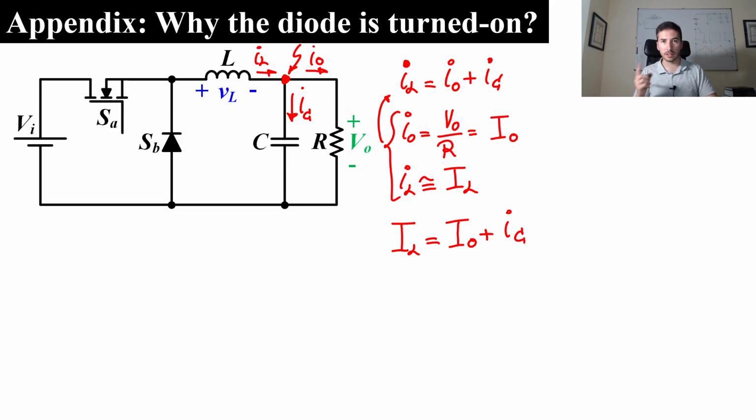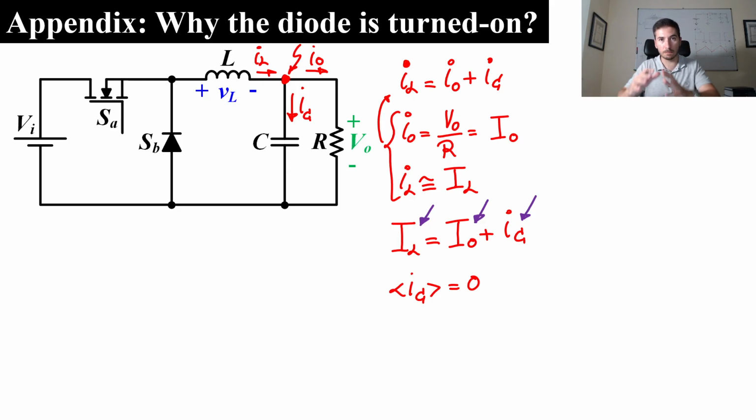And now let's consider one more thing. In a steady state, the average current through a capacitor is 0. So now let's consider the previous expression. This value is constant, this value is constant, and this part, we don't know if it's constant or variable, but we know that the average value is 0.